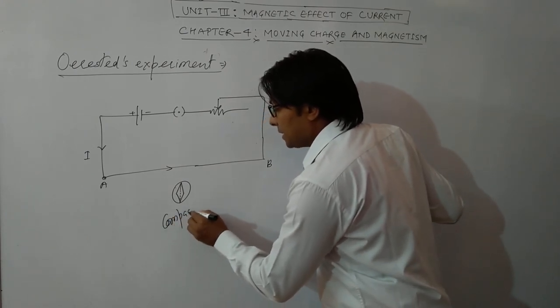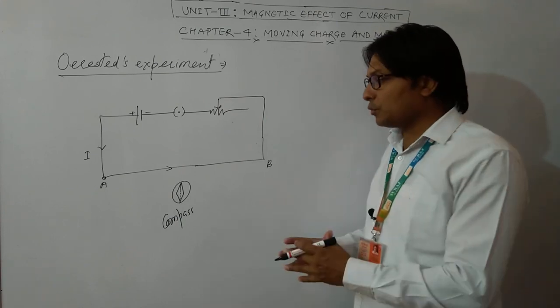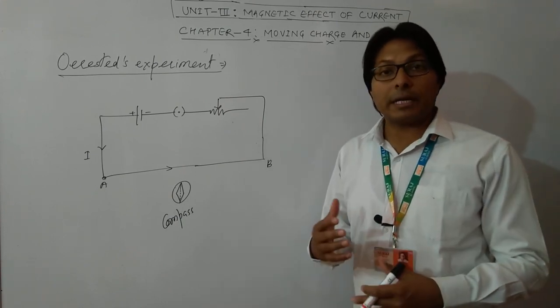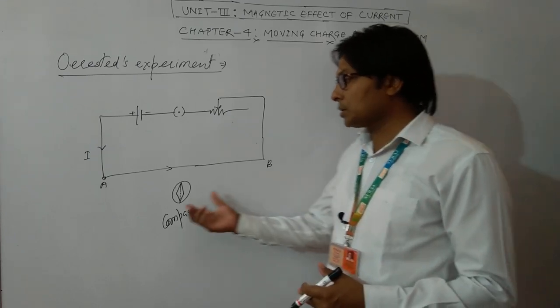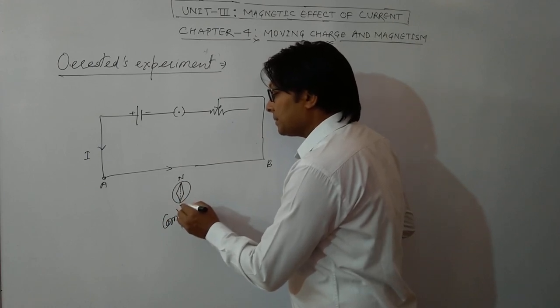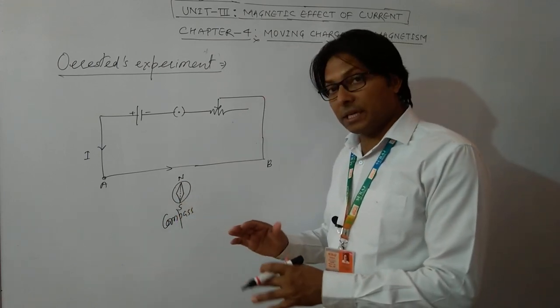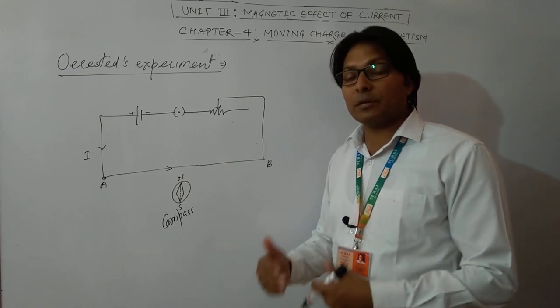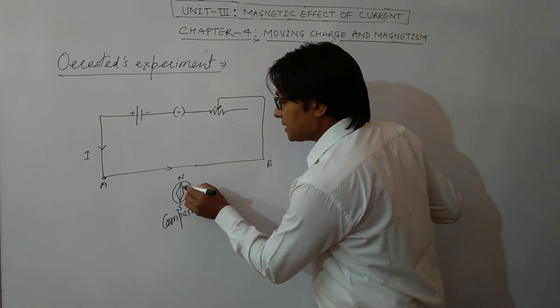The deflection shows the presence of an external magnetic field apart from the Earth's magnetic field, because this compass is basically oriented from north to south. If there is an external magnetic field, it gets deflected.